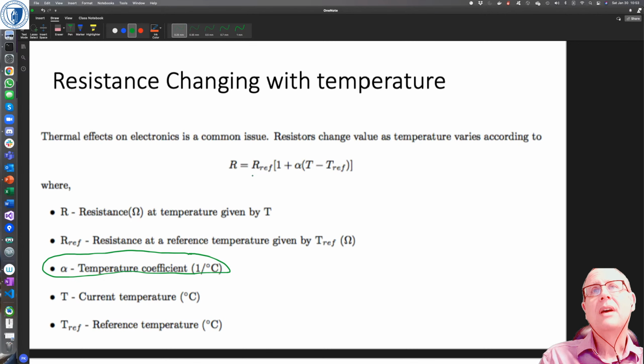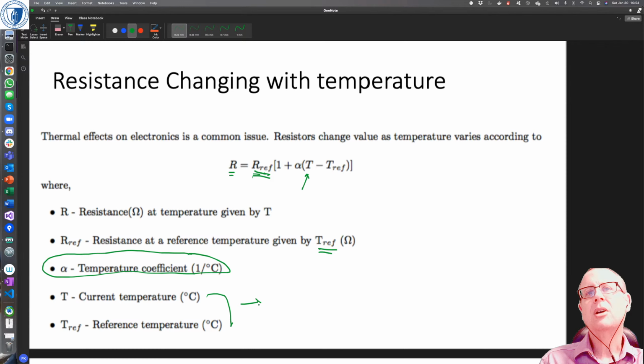If you have a reference resistance, that is the resistance at a given temperature Tref, and you know the new temperature T, then the relationship between the reference resistance and the resistance at temperature T is given by this: R equals Rref times (1 plus alpha times the temperature difference), right? And both of these temperatures are in Celsius.